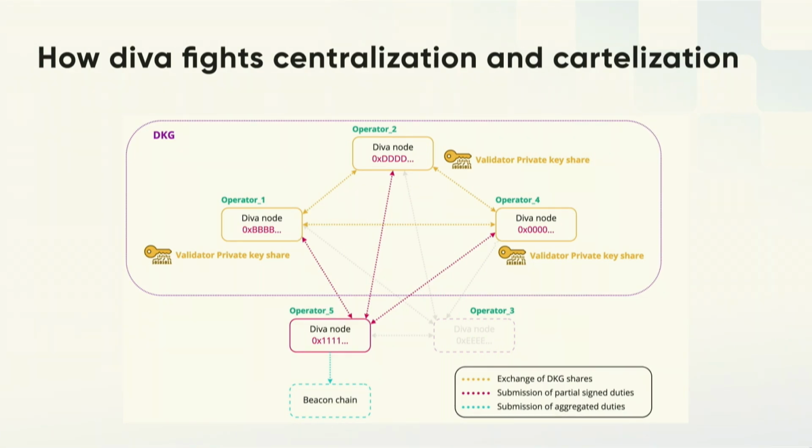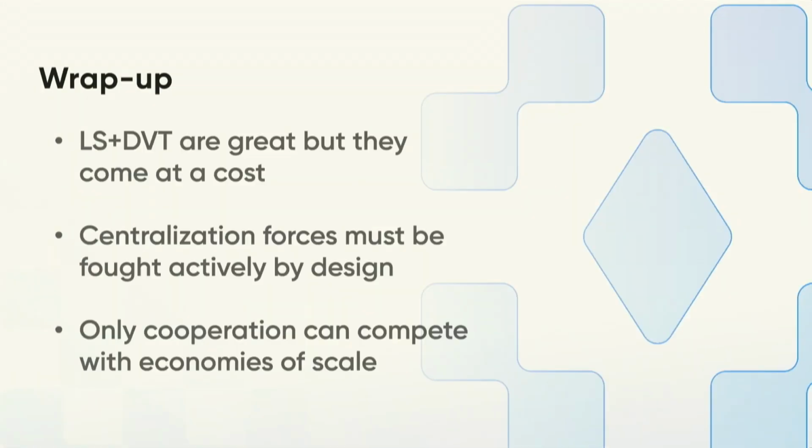So in Diva, we have a coordination between the nodes that allows us to create the distributed validators, and then we can perform the duties and the validation that are executed from the point of view of the beacon chain. As a wrap-up, liquid staking and DVT are great, but they come at a cost.